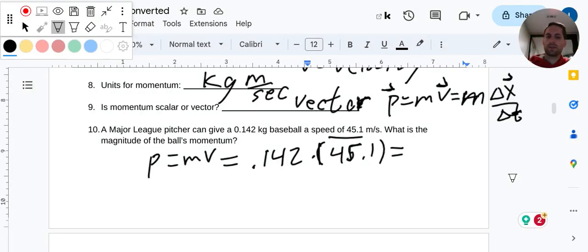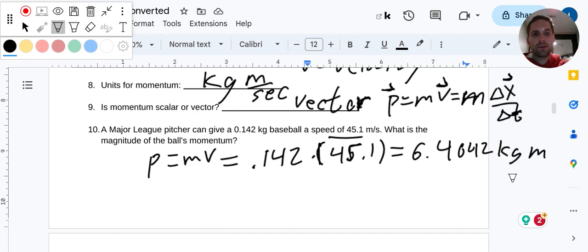I solve this out, I should get 6.4042 kilogram meters per second. Gotta make sure I'm using the right units for momentum.